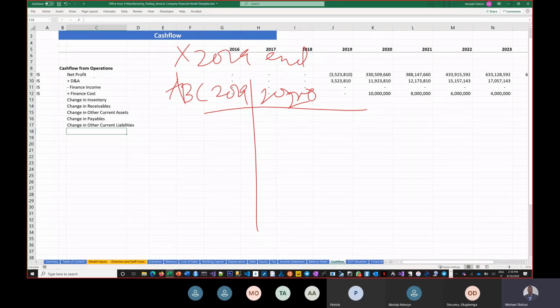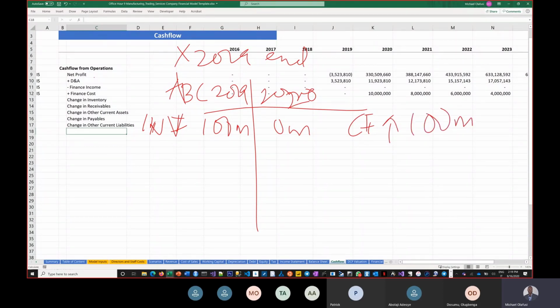So we want to see what impact inventory will have. So imagine that at the end of year 2019, they had inventory worth 100 million. Now, because they've closed shop and they disposed of the inventory, at the end of year 2020 the inventory is now 0 million. And that money that they make from disposing of that inventory is going to go into cash. So if you look at the cash accounts, it will go up by that 100 million naira.